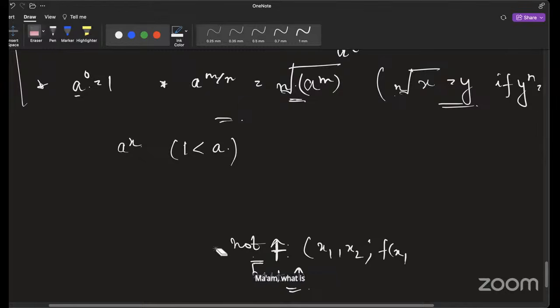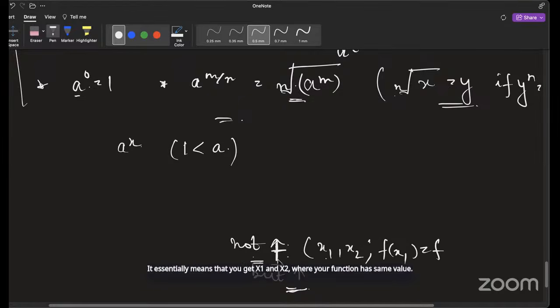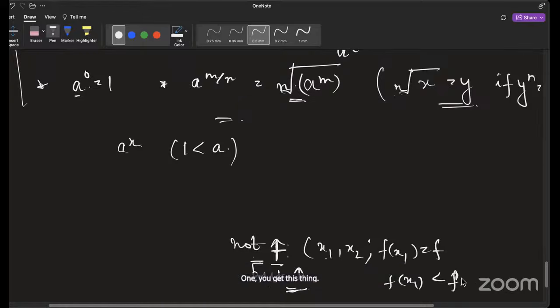Ma'am, what is the reason you are saying? Because if a function is increasing, but it's not strictly increasing, it essentially means that you get x1 and x2 where your function has the same value. The only difference between strictly increasing and increasing is this. In one, you get this thing, and in the other one, you get this thing.